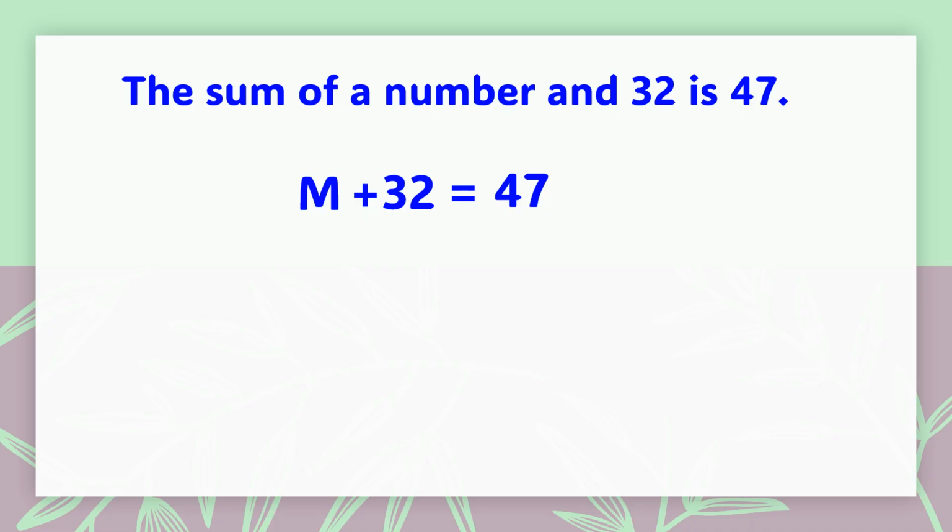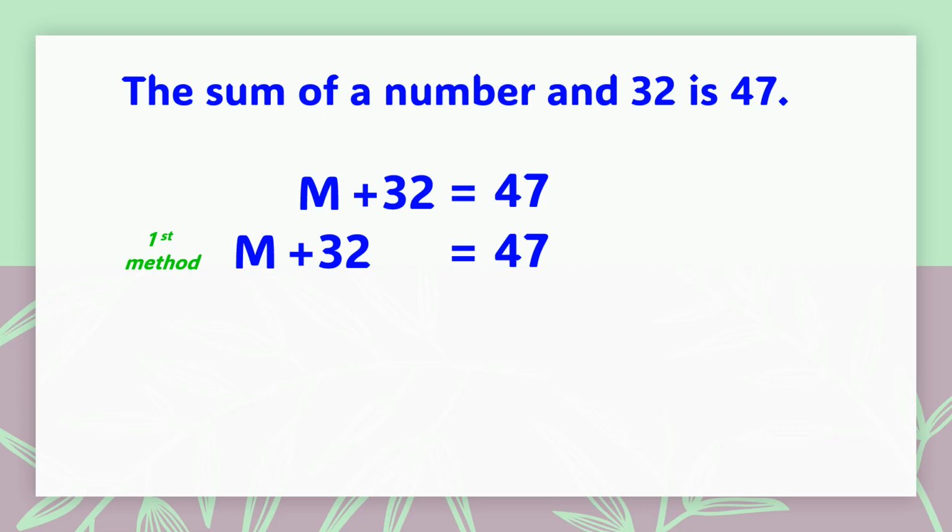Here the variable is m and the constant number is 32. M plus 32 is on the left hand side and 47 on the right hand side. We have to find the m value by the first method. M plus 32.